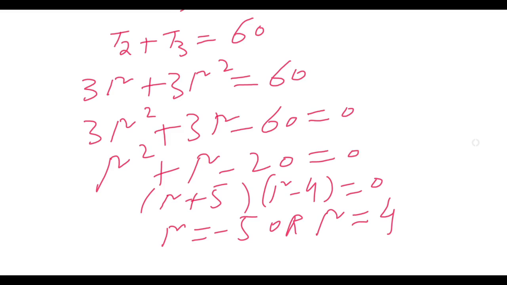Now we need to find the first three terms and general term for each case. So case number 1, negative. The first term we already have is a is equal to 3. The term 2 we say is ar.